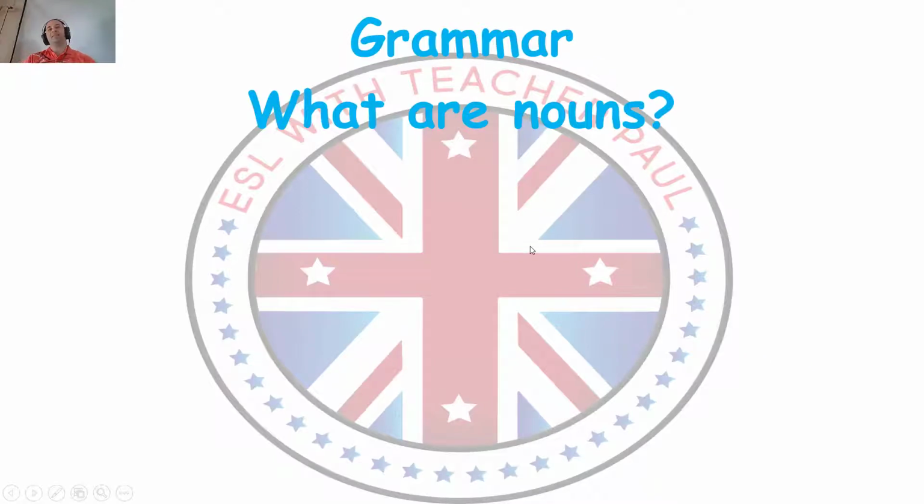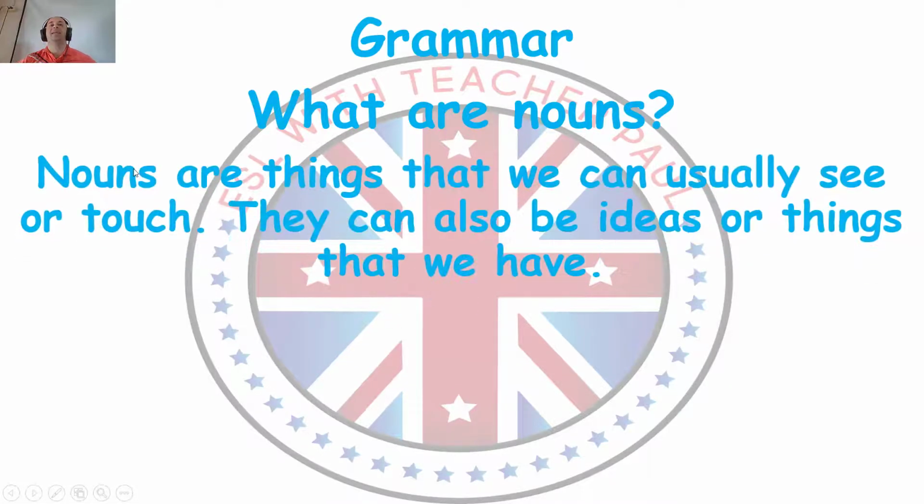Okay, so the first question is, what are nouns? We want to know what they are and what they do. Okay, the first easy answer we could say is that nouns are things that we can usually see or touch. Okay, everyday things, we can see it, we can touch it, but they can also be ideas or things that we have. Okay, for example, about our personality, she has kindness, she has friendliness.